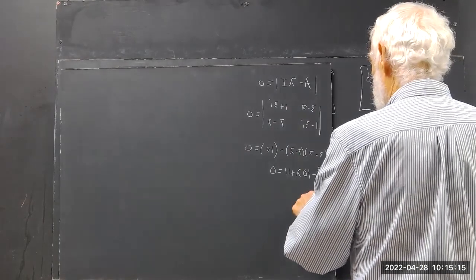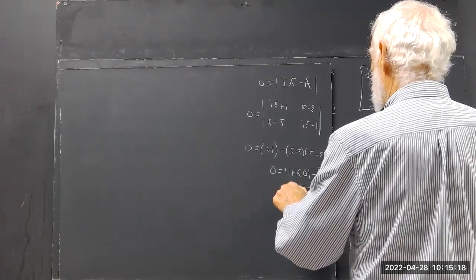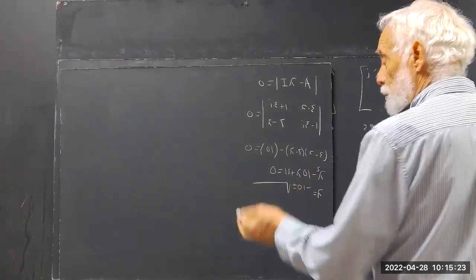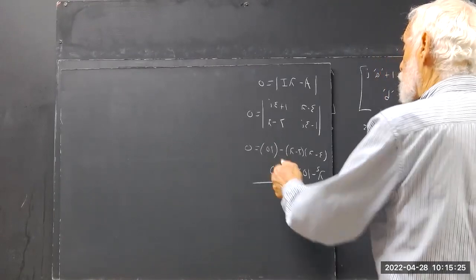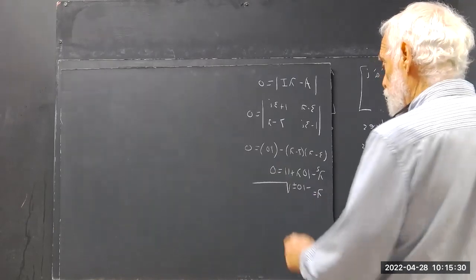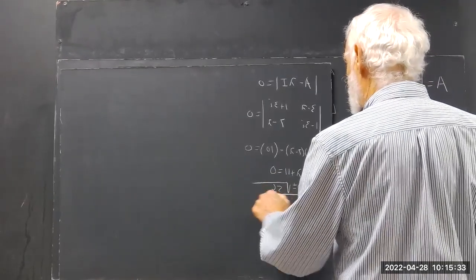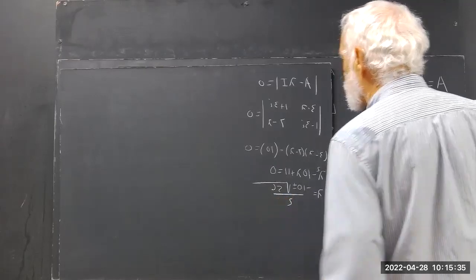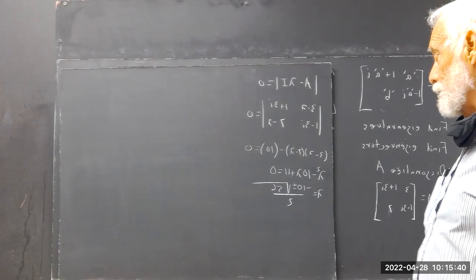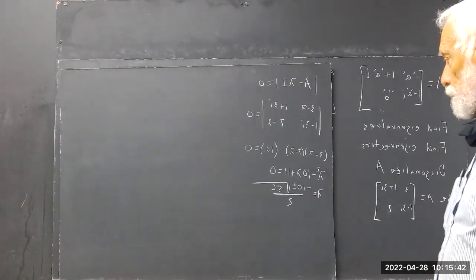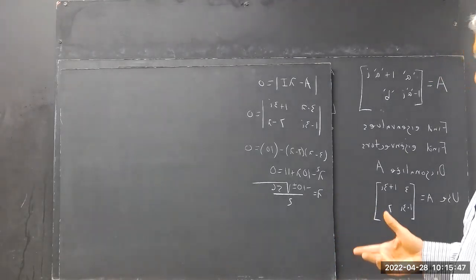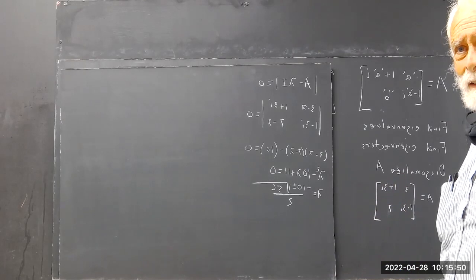So now lambda would be negative 10 plus or minus the square root of 10 squared, which is 100, minus 4 times 11, which is 44. So when you subtract, you get the square root of 56. And that's 4 times 14.